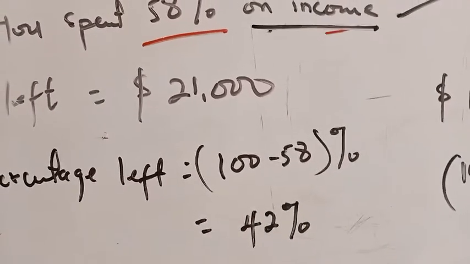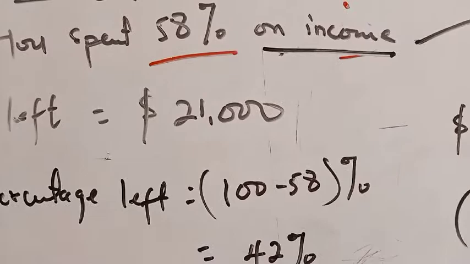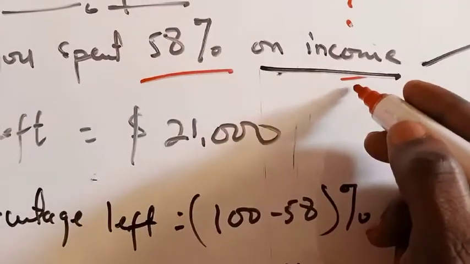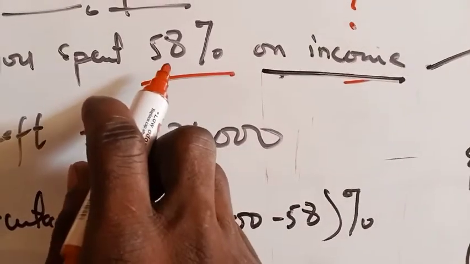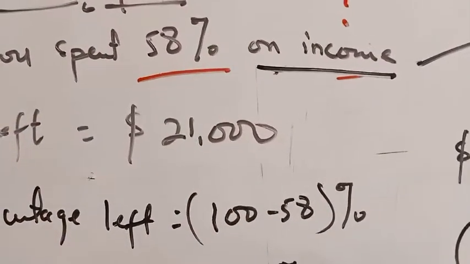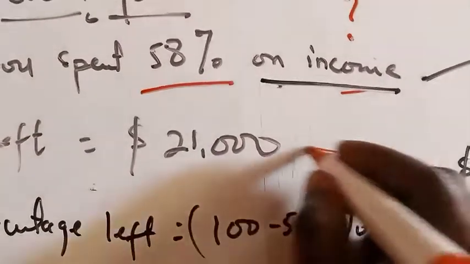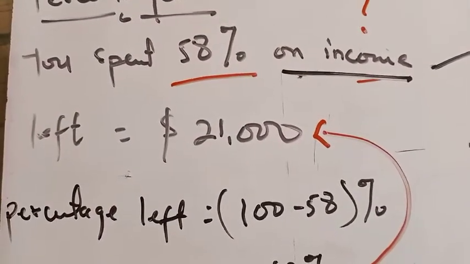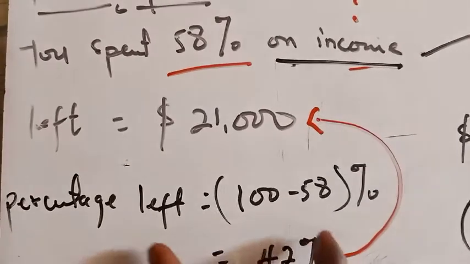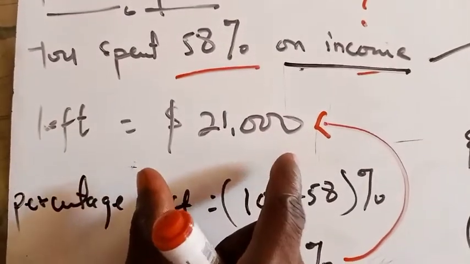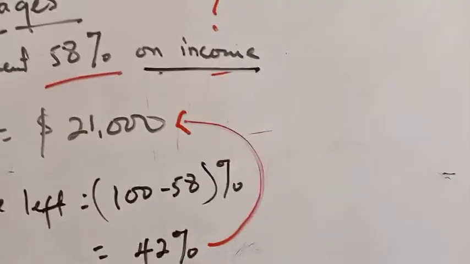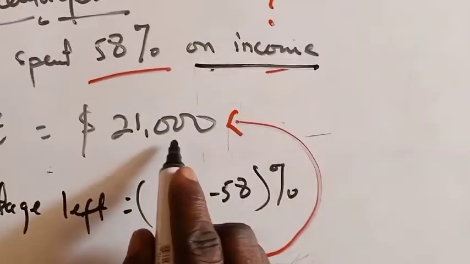Because the 100% is equivalent to the income, and then you are spending 58% out of that, so this 42% is equal to the amount that is left. So this is simple and straightforward. We know that the 42% is what is left behind.